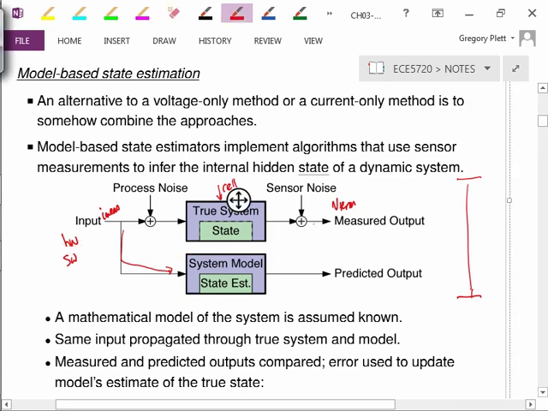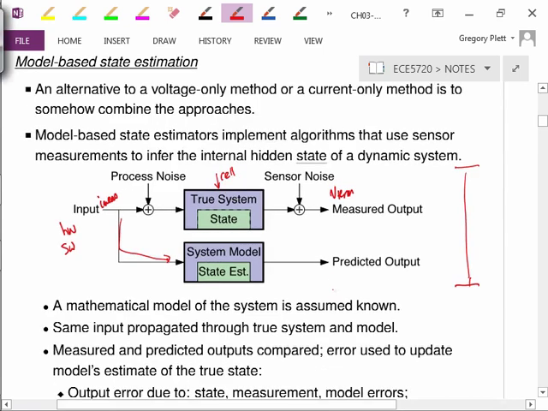The difference between that and what we're going to do is that we are going to go one step farther and say, based on my model state, I'm also going to predict a model output, which is a V hat, a prediction of the voltage that I'm going to measure. And then I'm going to compare the predicted voltage to the actual voltage, and there's going to be a voltage error.